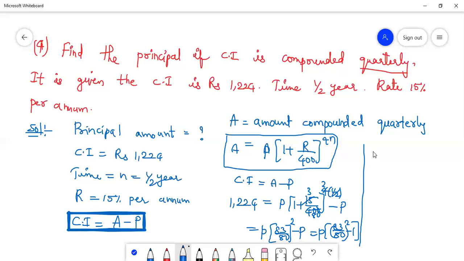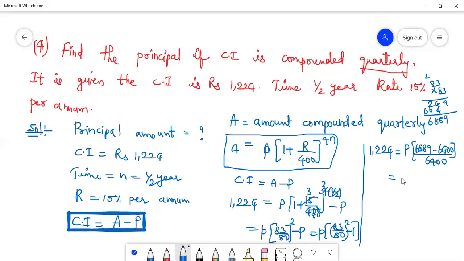From this, 1224 is equal to P into 83 into 83. 3 3s are 9, 8 3s are 24, 8 3s are 24, 8 8s are 64, 6,889 minus 6400 by 6400.